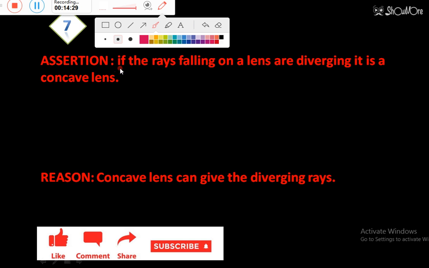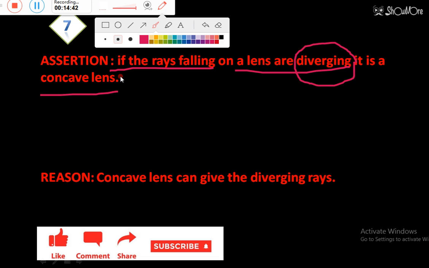So let's see. He is saying if the rays falling on a lens are diverging, it is called concave lens. So if a lens is diverging the rays, then we say it is a concave lens. Assertion is right. Diverging rays, concave lens.